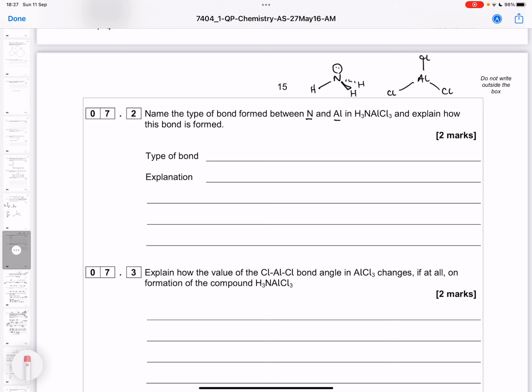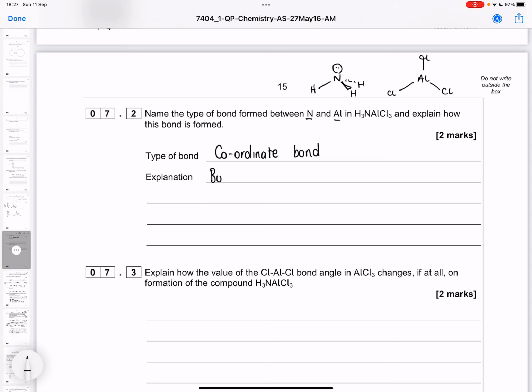And so what can happen when one atom is electron deficient and another has a spare lone pair is that we can get a coordinate bond or a dative covalent bond. Either of those terms would be acceptable, coordinate or dative covalent. And why do we get that?